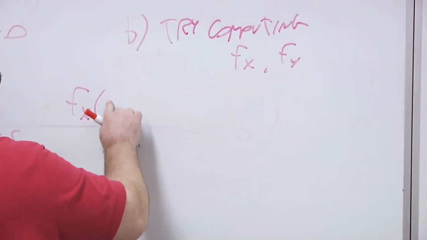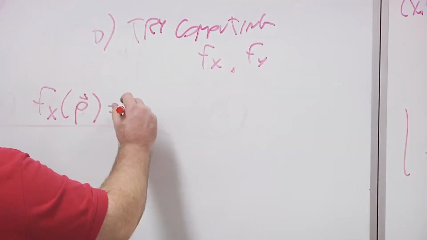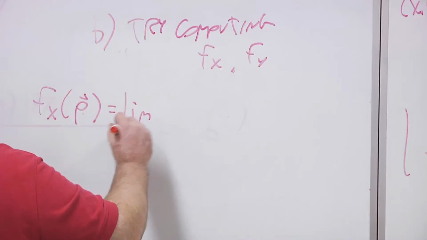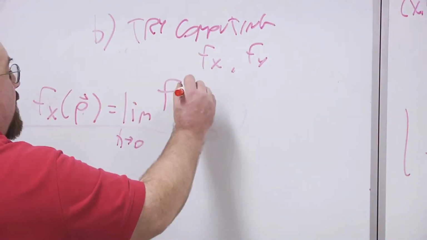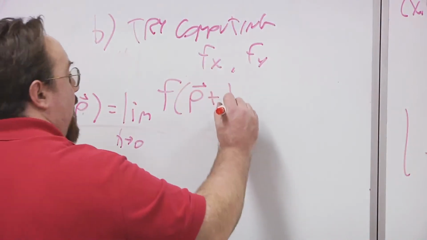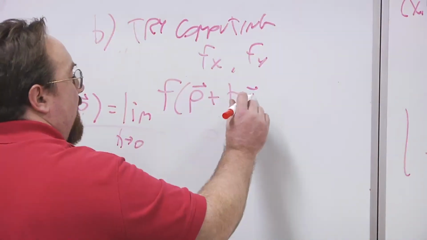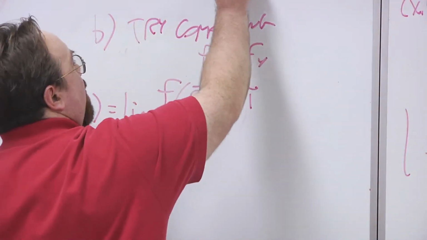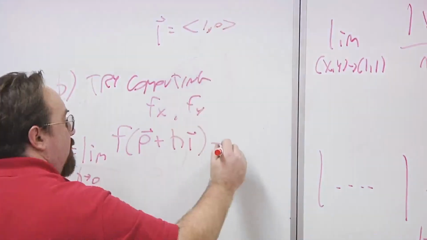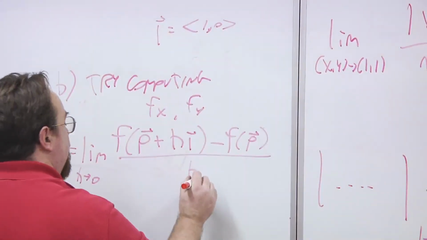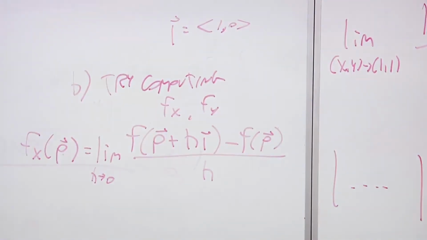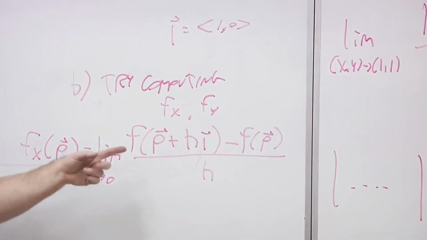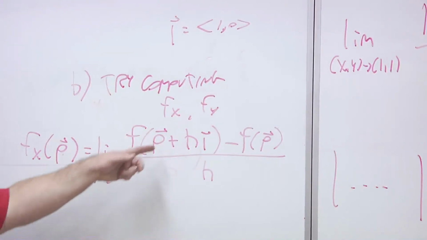So f_x at some point p is equal to the limit as h goes to 0 of f of p plus h times the vector i, where i is the vector (1, 0), minus f of p, over h. And then there's a similar definition for the partial with respect to y, only being the vector j instead of i. But what do we have here?